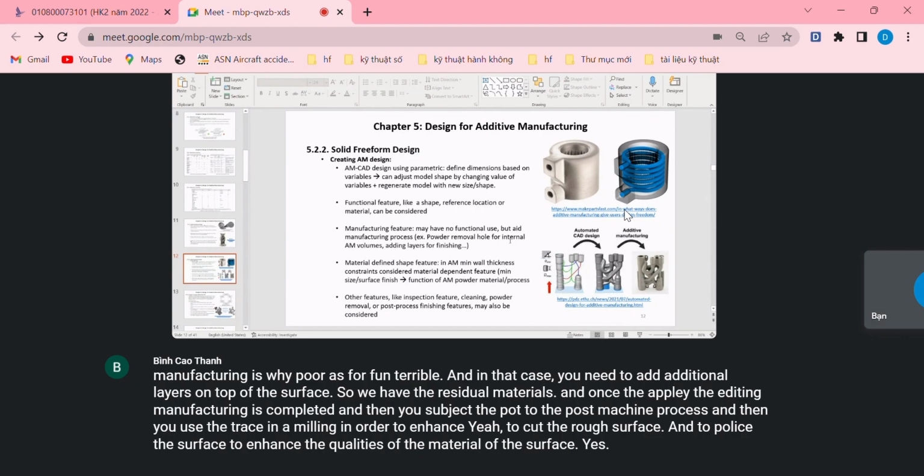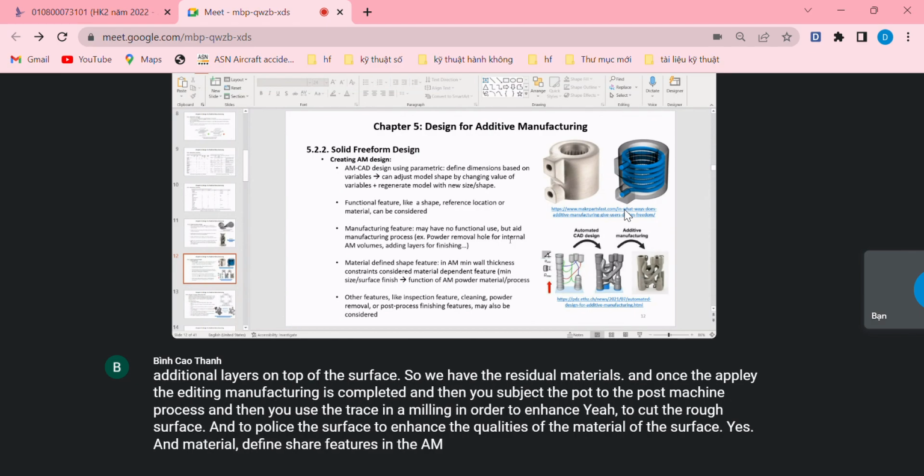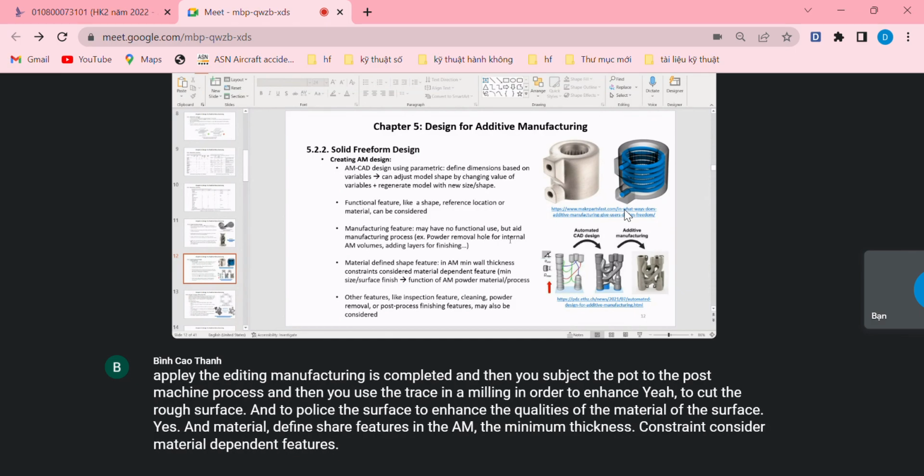And material defines shape features in AM. The minimum wall thickness constraint considers material-dependent features. Yes, this is one issue. This is actually the limitation of the technologies.